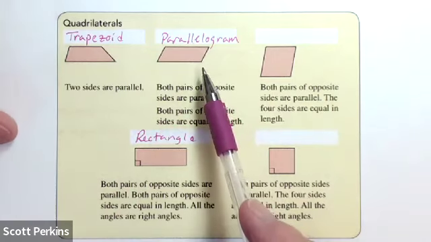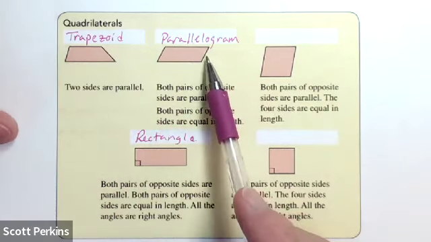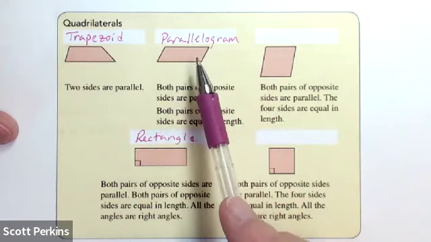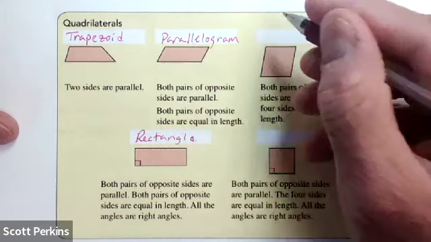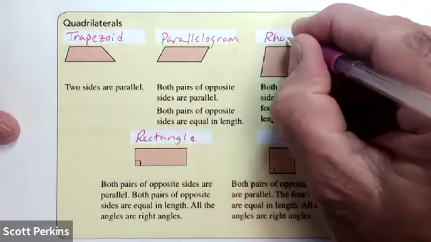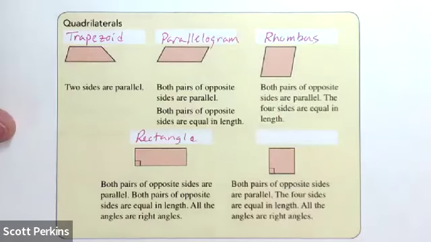Going the other direction, if I take a parallelogram and instead of the left and right and the top and bottom having different lengths, all the sides have the same length, you get what's called a rhombus. A rhombus is a parallelogram where all the sides are equal.